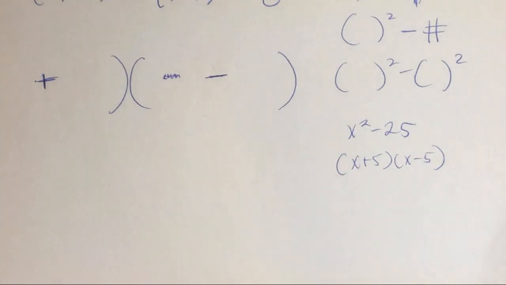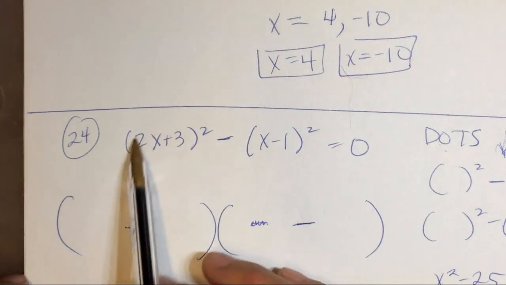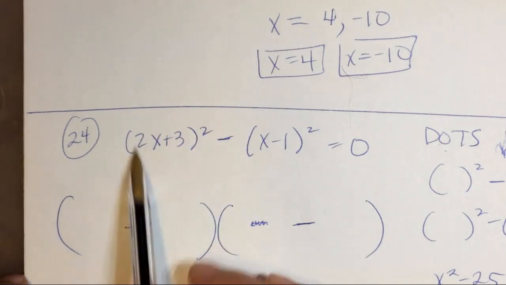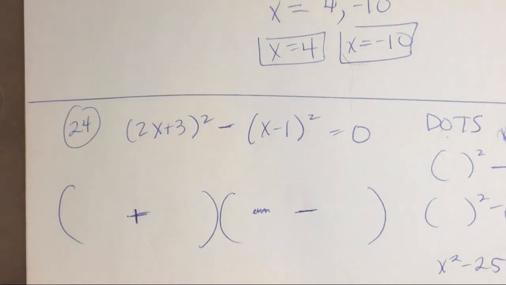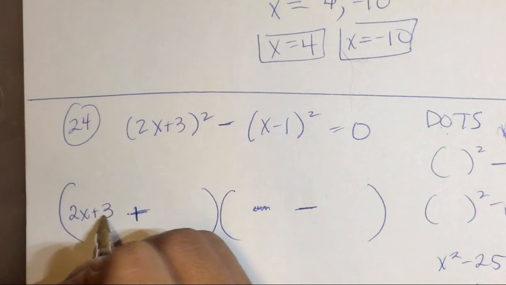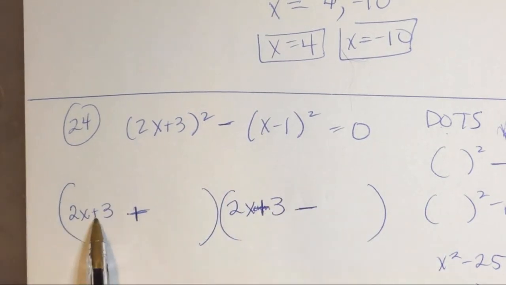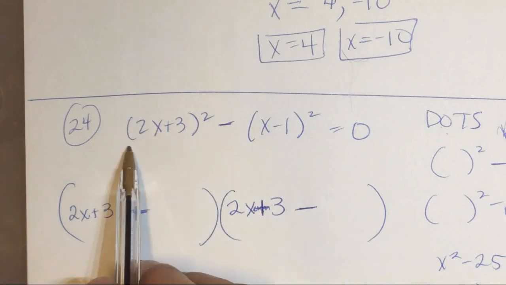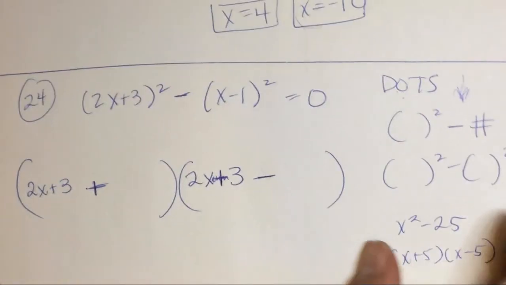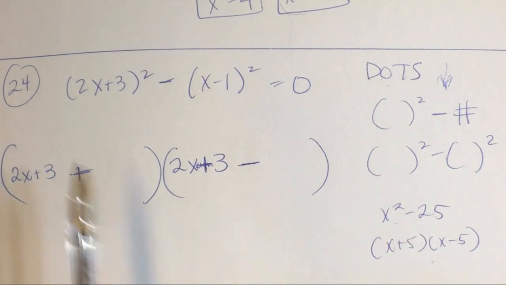So I'm going to look over here and ask, what times what gives me this whole function, (2x + 3)²? So the answer is 2x + 3, because if I have (2x + 3) times (2x + 3), I'm going to get (2x + 3)². Same thing here, like I got x times x, I got x².